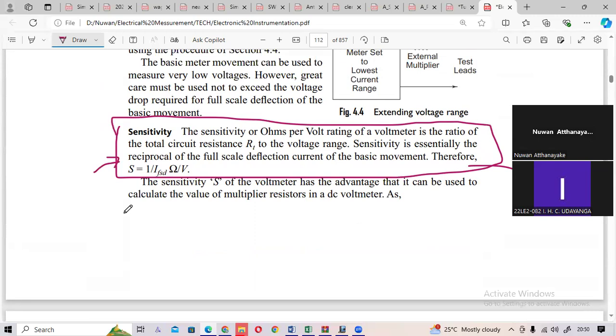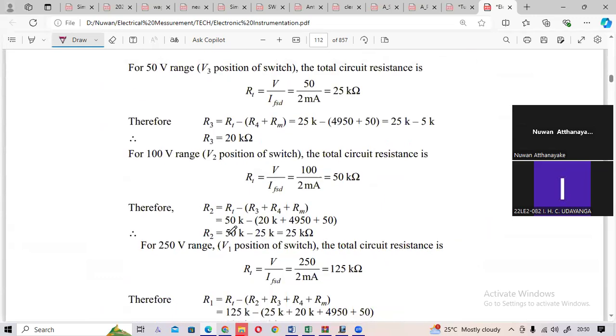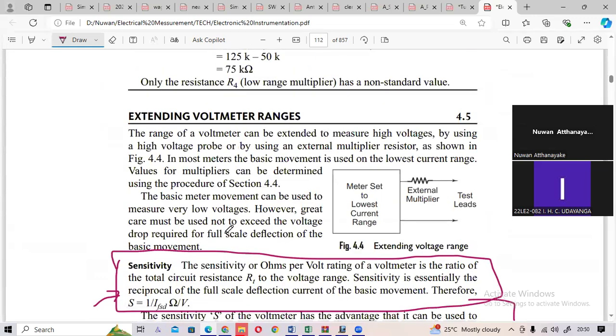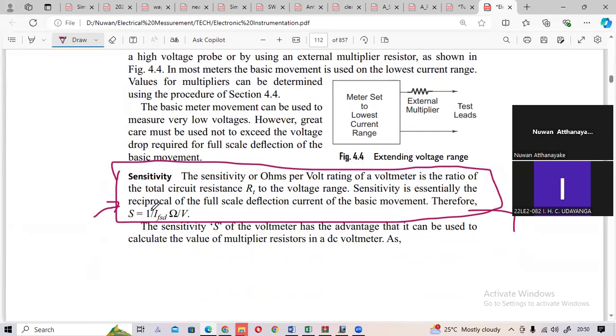Actually, there are many definitions for sensitivity.